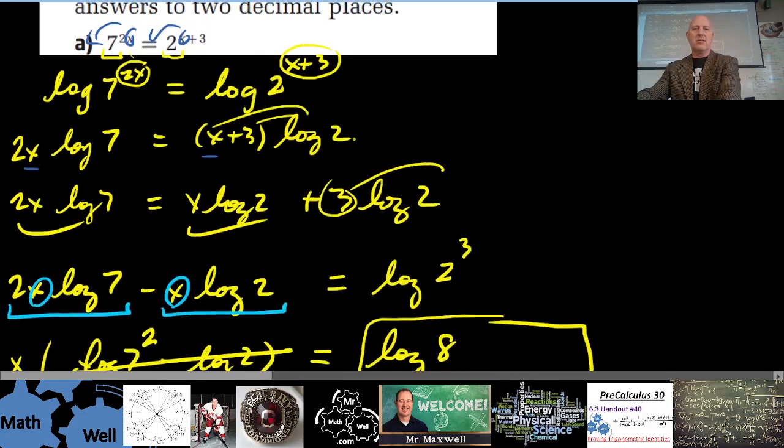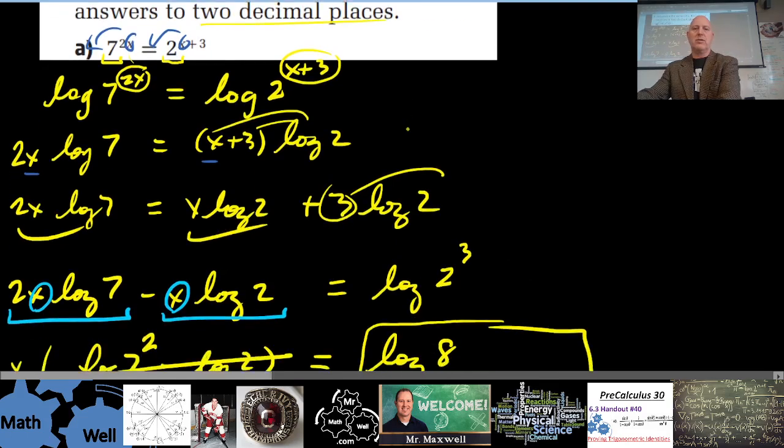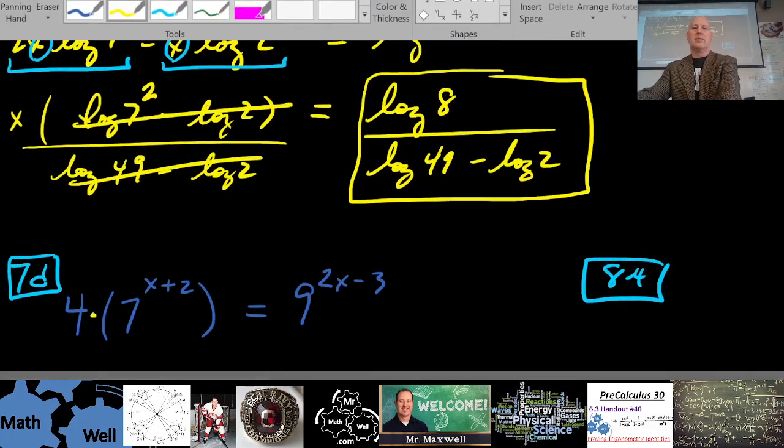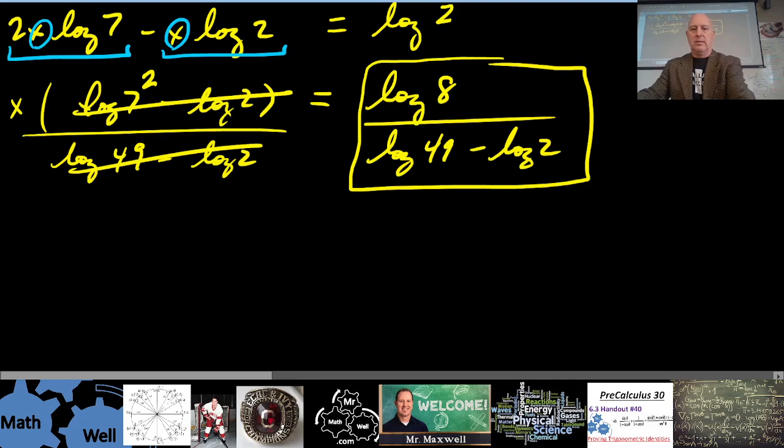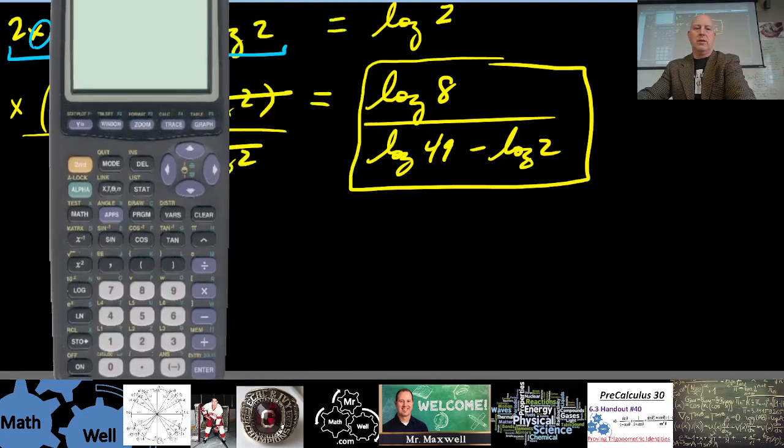So if it says to 2 decimal places, we'll just do that on our calculator, and we should get the right answer here. So let's just double check that here.